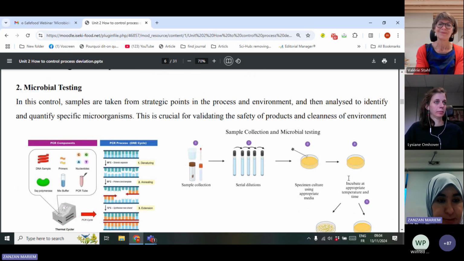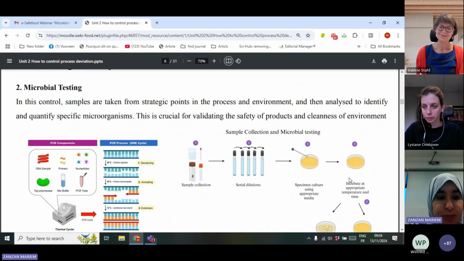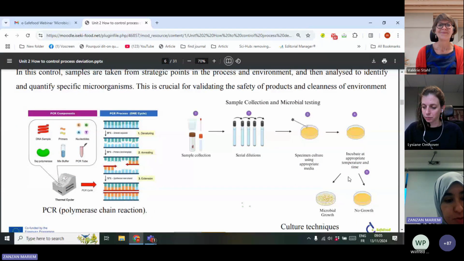Another method is microbial testing, which means taking samples from different areas or different points in the process and environment, and then analyzing them to identify and quantify the specific microorganisms. As examples, we have PCR, polymerase chain reaction, where DNA components are amplified to detect the presence of microorganisms and also to quantify them.